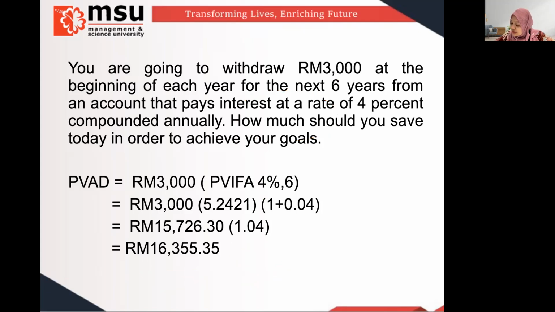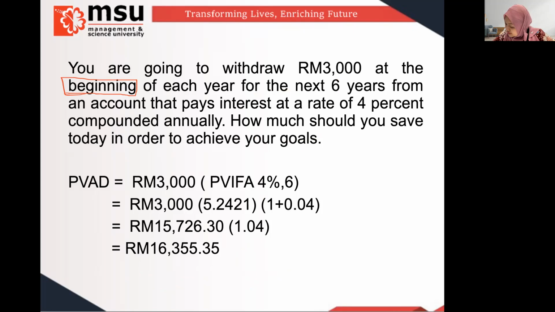So let us look at this example. You are going to withdraw 3,000 ringgit at the beginning of each year. So there is a keyword here: at the beginning of each year for the next 6 years.